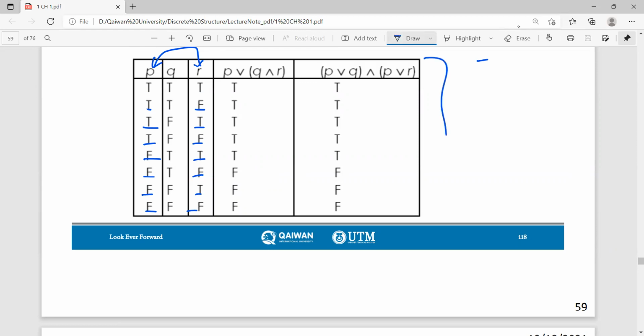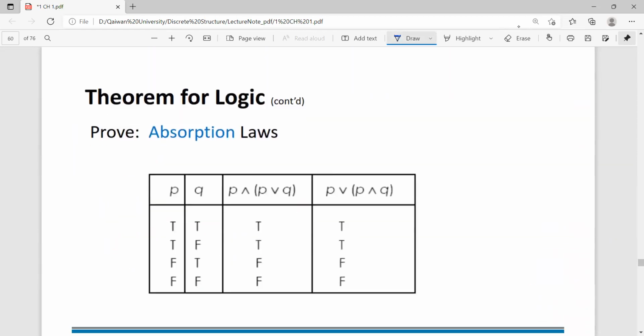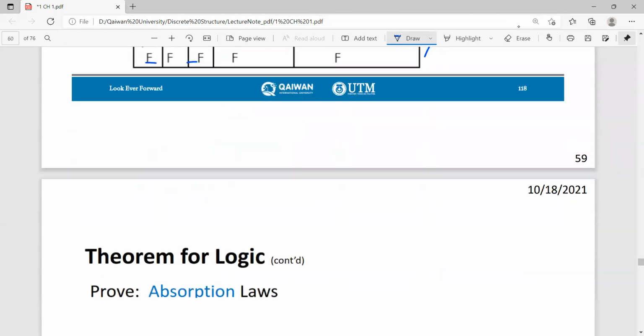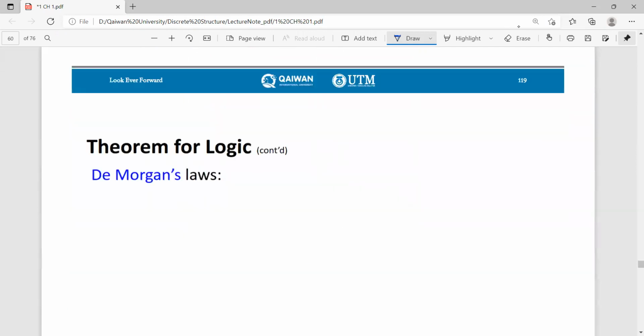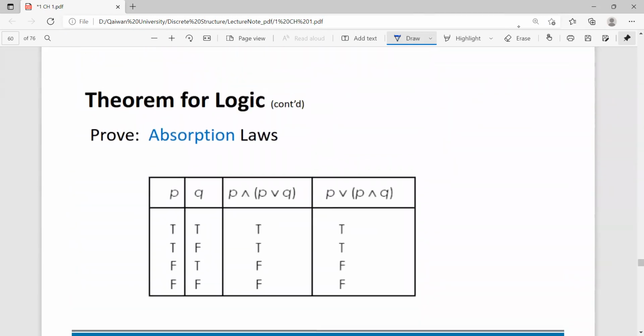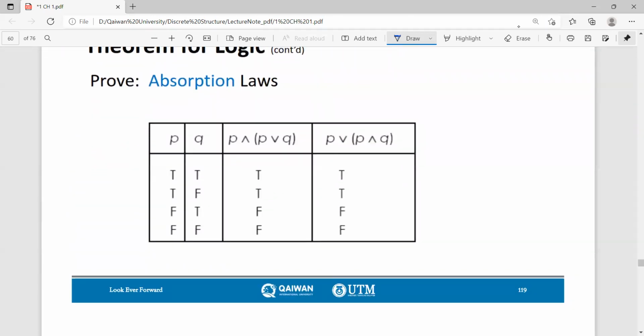We now have this property. We also talked about some properties of logic. We have only these two propositions. We have this proposition, which is absorption.